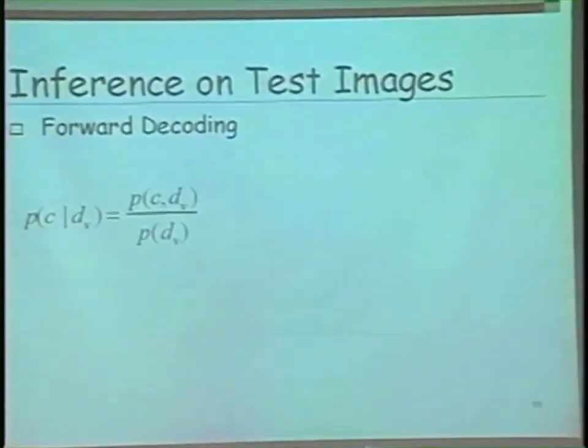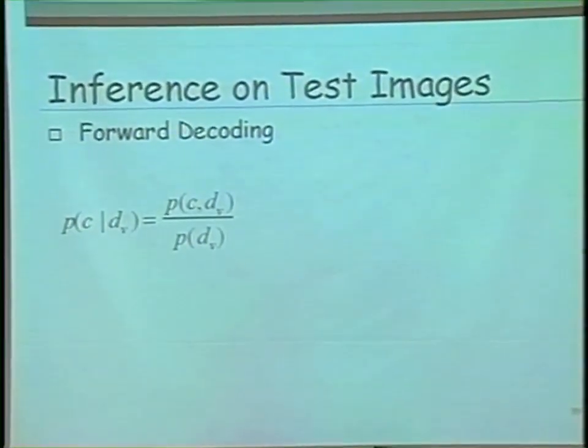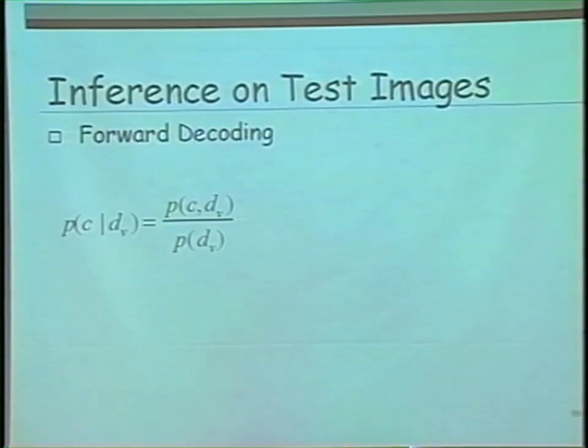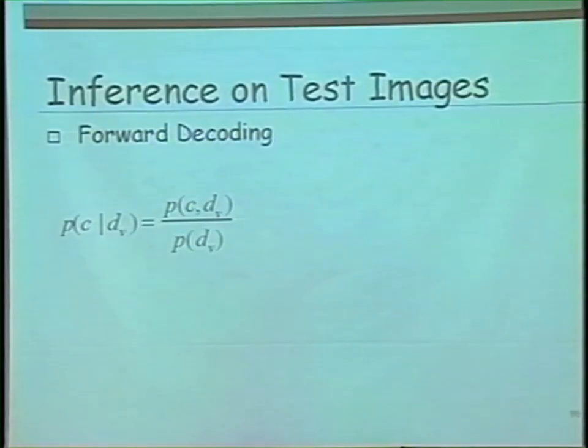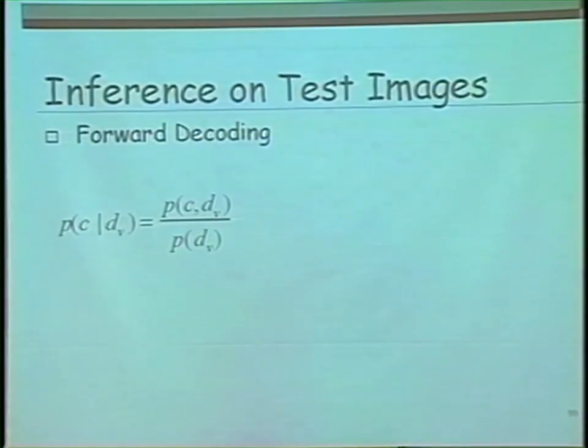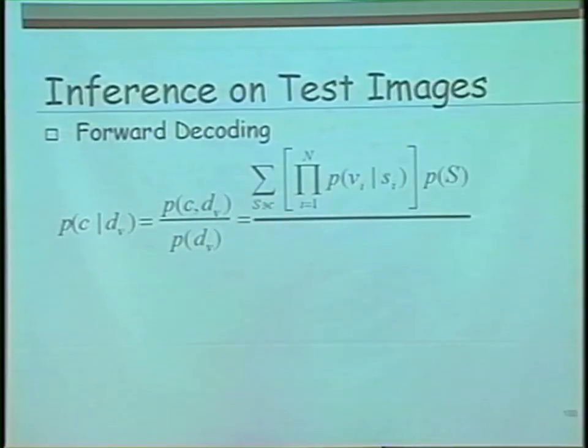Okay, so how are we going to do inference using these models? We want to find a conditional probability of a concept given an image. First we're going to define the joint probability of the concept and the image, which is simply the sum over all paths that contain this concept times the probability of the path and the probability that the states in that path generate the specific observations.